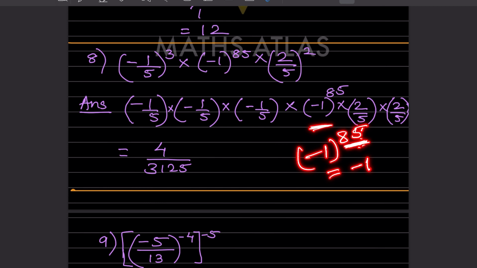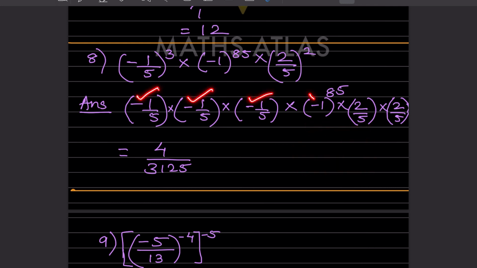You have to see whether this is an odd or an even number. So if we have an odd number, that is going to be minus 1. Now can you see there are 4 minus signs, 1, 2, 3, 4. 4 minus means that is an even number, right? So here I didn't write any minus, which means that is a positive one. And so this is going to be 1. So we don't have to think about this one.